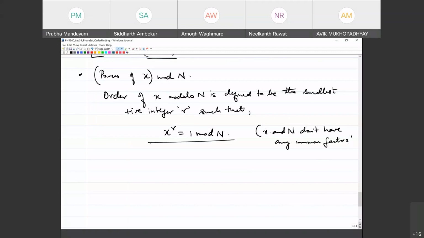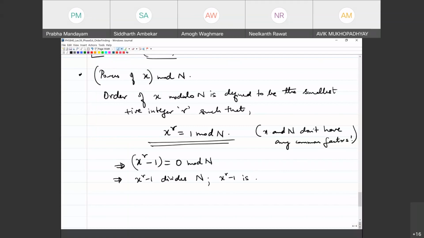So first of all, why is this order r important, or why is the smallest positive integer important? Because if x to the r is 1 mod n, it means x to the r minus 1 is 0 mod n. What does this mean? It means that x to the r minus 1 divides n, or is a factor of n.